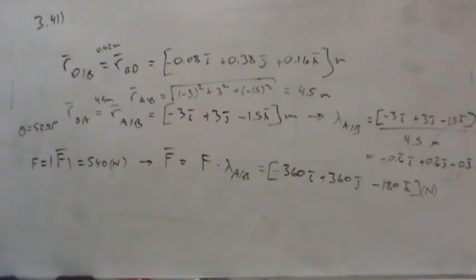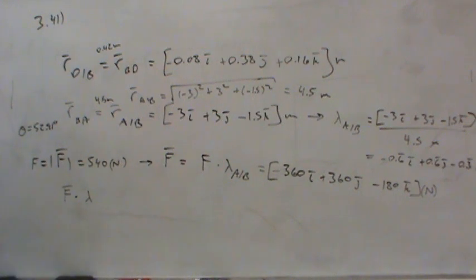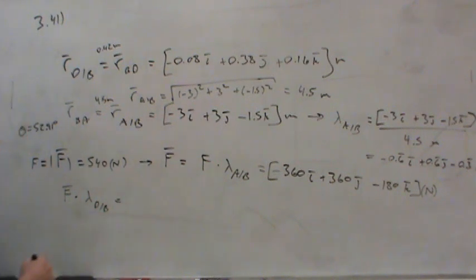So now, if we want to know how much of force F acts along the stake BA, we just need a unit vector from B to A, take the dot product of the unit vector with the force vector F. I'm sorry, not B to A, B to D. And that'll tell us how much of force F acts.